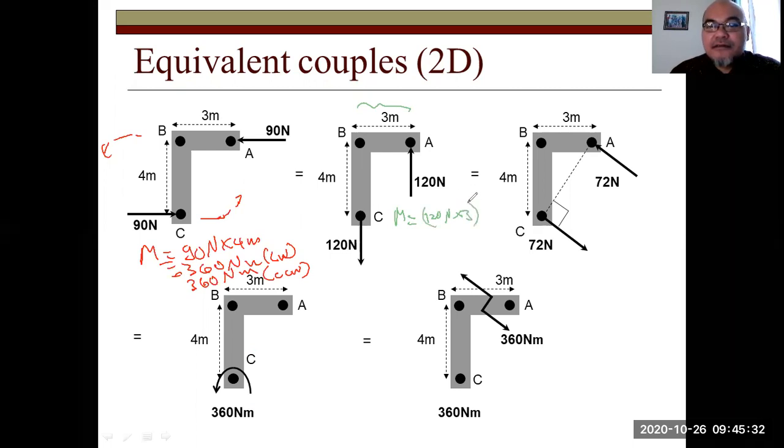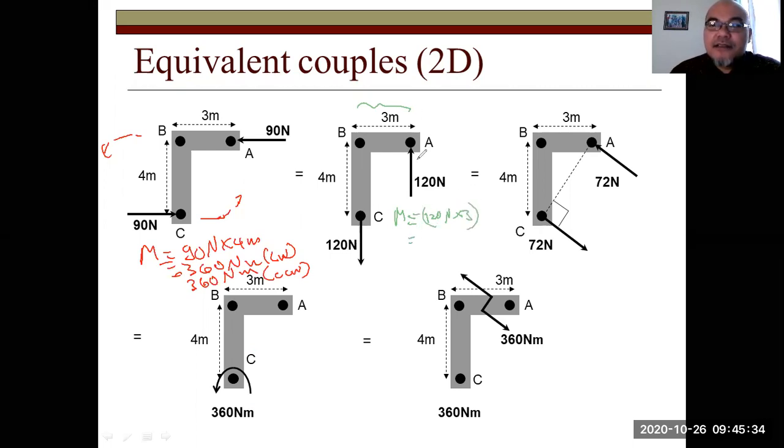Okay, so you got it. Because it is counterclockwise, so minus 360 Newton meter clockwise, or 360 Newton meter counterclockwise. If we put the reference as counterclockwise, then it is positive. But if we put the reference as clockwise, then since the direction is actually counterclockwise, we assign a negative sign here.